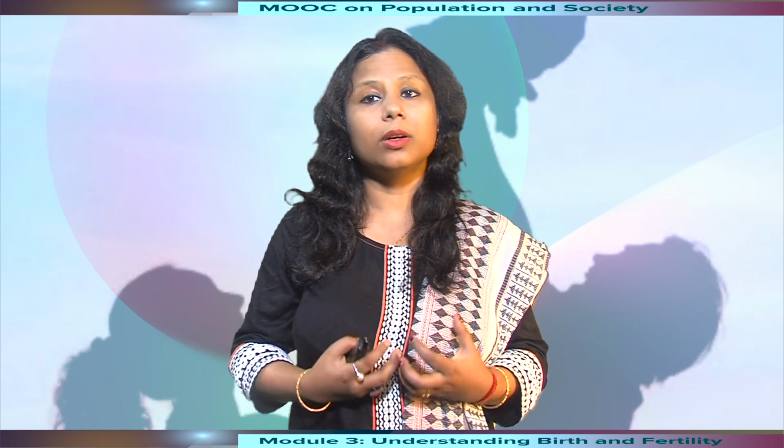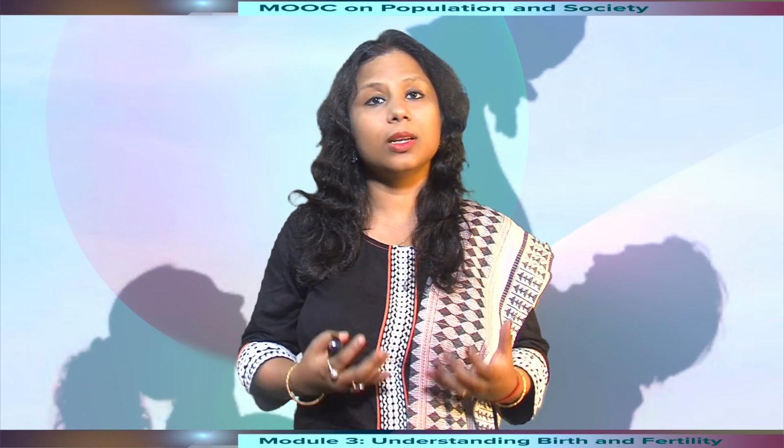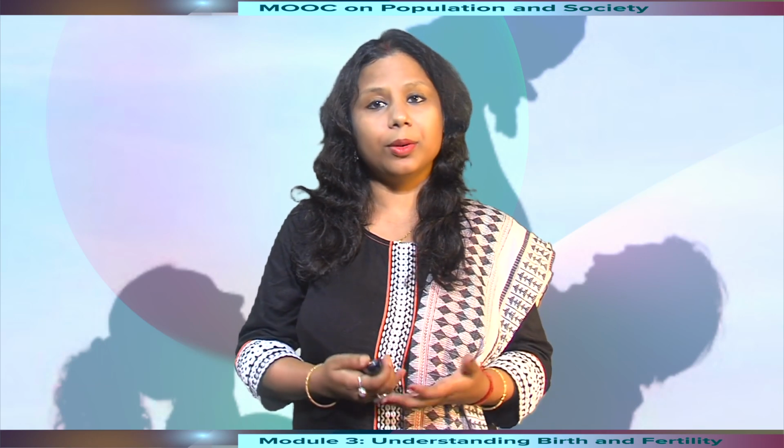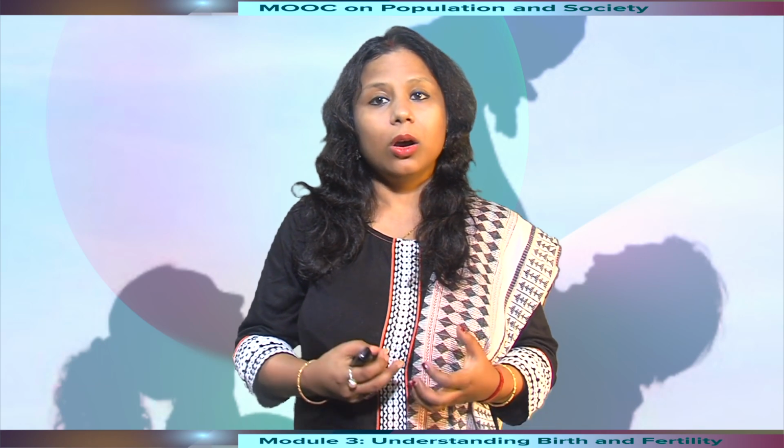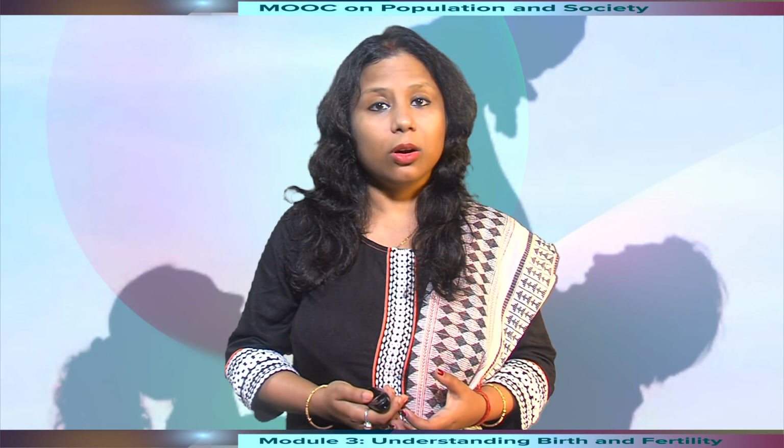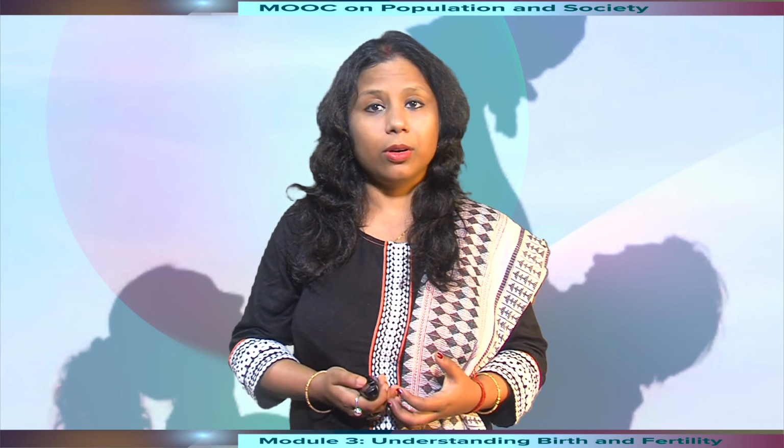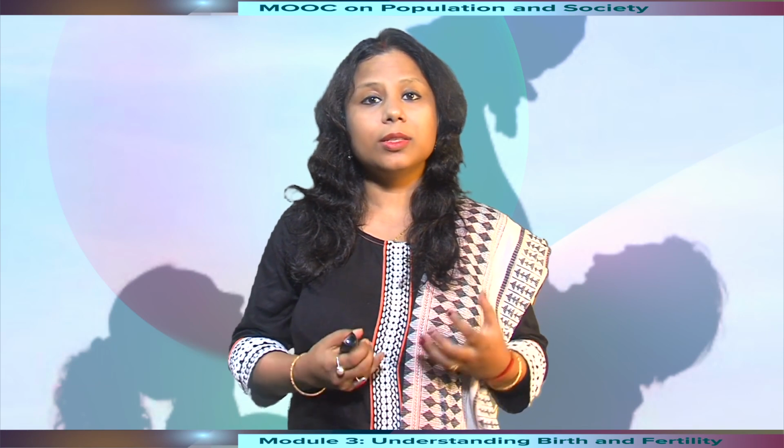And among the biological factors, the two most important are age and sex. The reproductive capacity of a woman begins with her menstruation and continues till her menopause. With the menopause comes an end of the childbearing capacity of a woman. Therefore, from the beginning of the menstruation to menopause is the reproductive span of a woman.